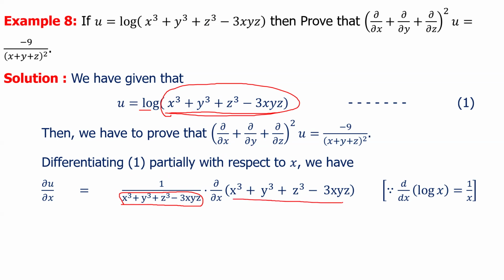This is called chain rule. So the partial derivative of u with respect to x is 1 upon x cube plus y cube plus z cube minus 3xyz into the partial derivative of x cube plus y cube plus z cube minus 3xyz.